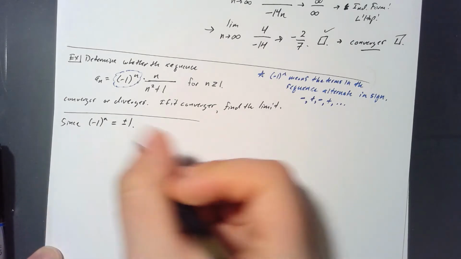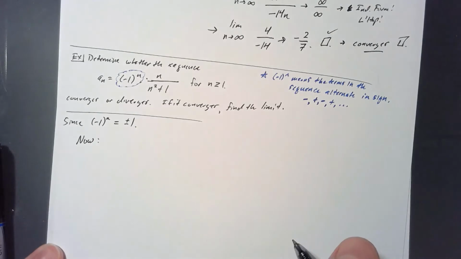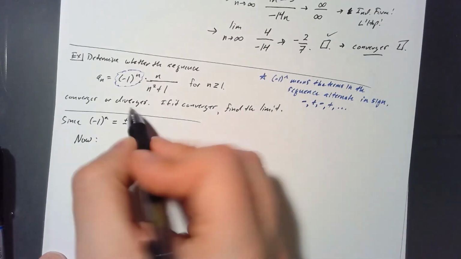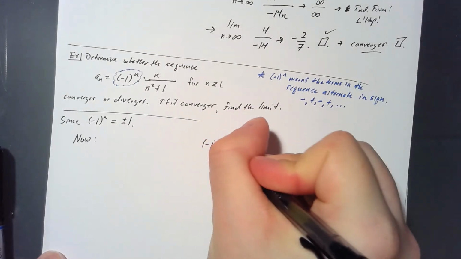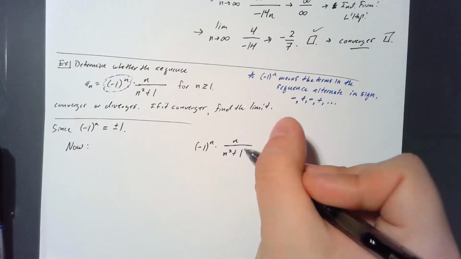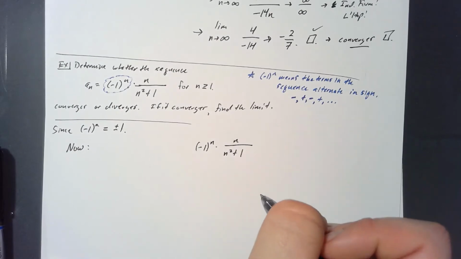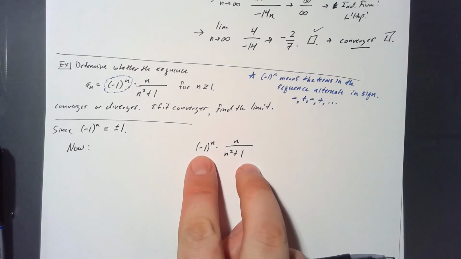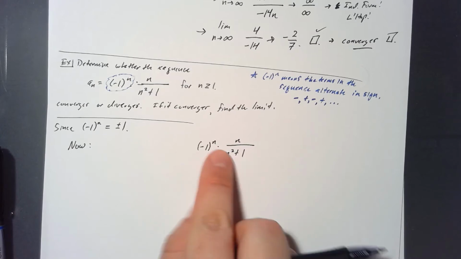So since I have that, now I could say the following. My original sequence is either going to be positive or negative. So if this is positive, well, it's that.